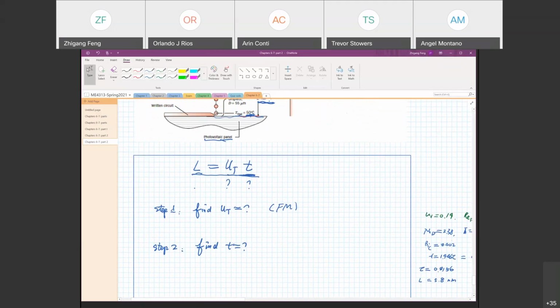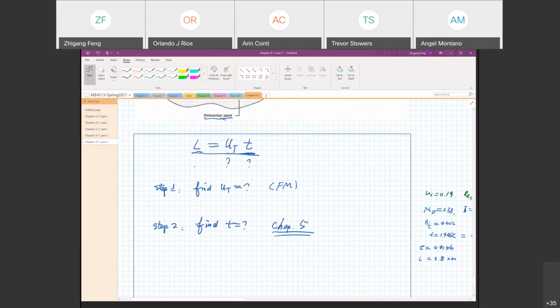And that's what we learned in chapter 5. So this example really combines chapter 5 as well as chapters 6 and 7. From chapter 5, the transient conduction problem, we compute the Biot number based on the characteristic length. Let me remind you how to calculate the Biot number: Bi equals h multiplied by L sub c over k of the droplet, and for a spherical particle, L sub c is 1/6 of the diameter.